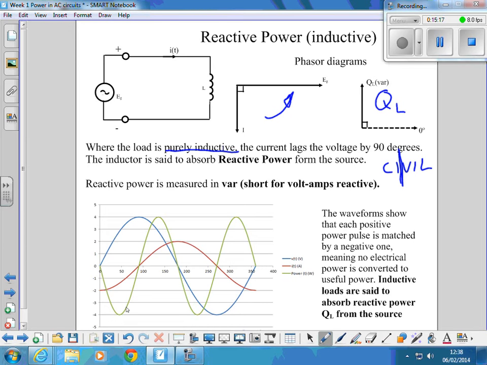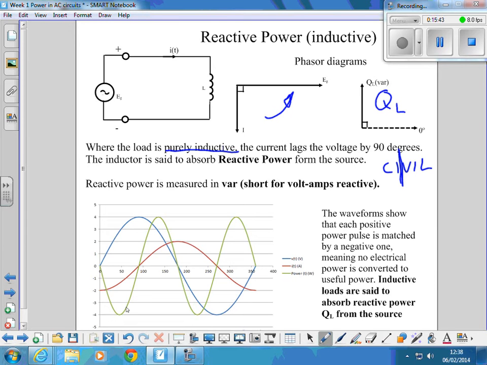The reactive power being used by an inductor is the power used to magnetize or create the field in that inductor. So it's creating a field in one direction and then passing it back and then creating the field in the opposite direction and then passing that back.